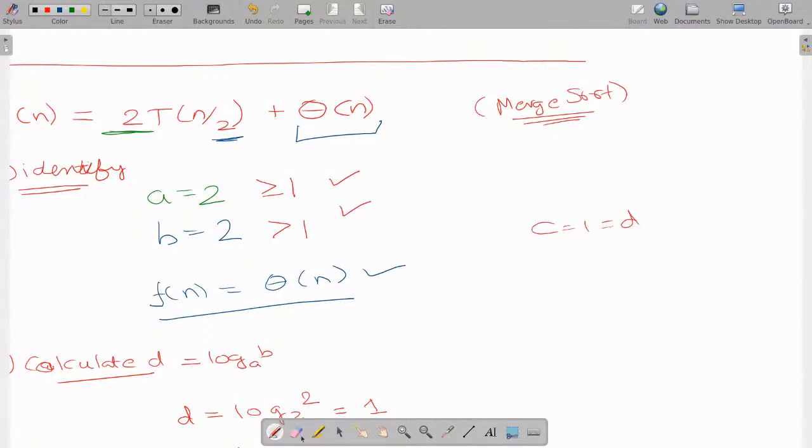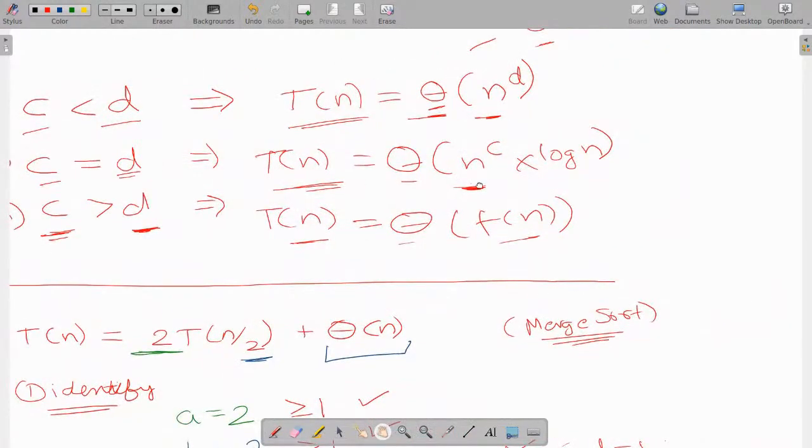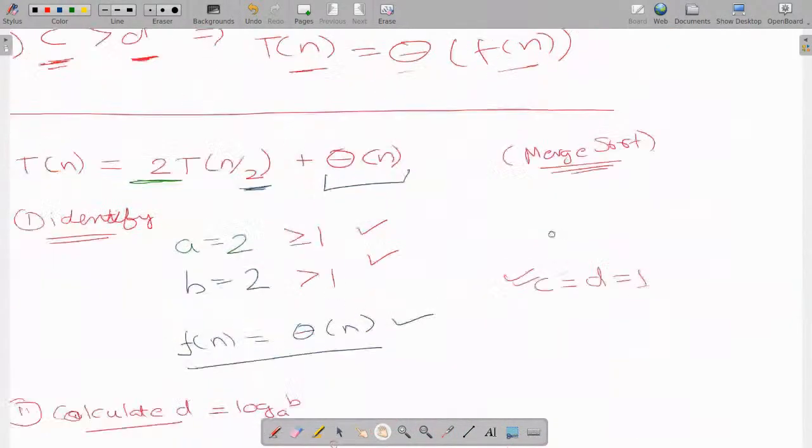Let me write it like this, it will be more clear. In our case, c equals d equals 1, and this is the second condition of master theorem: if c equals d, then the final complexity comes out to be theta of n power c log n.